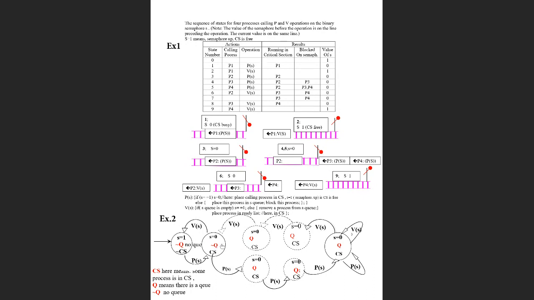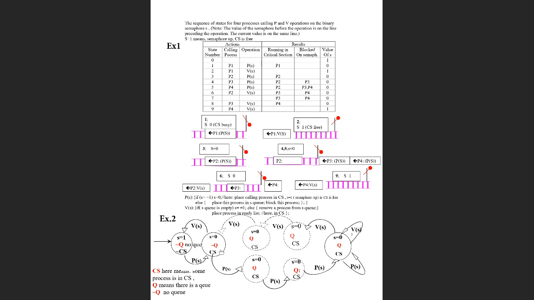We still don't have any Q, but the semaphore has been closed, informing the processes that they cannot enter until the semaphore changes its state. So the second state after the coming of the process is semaphore 0, not Q, and CS.